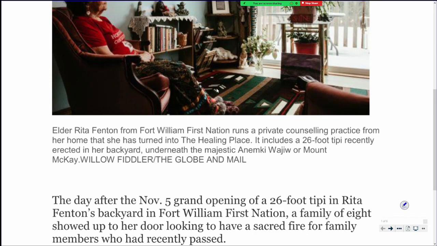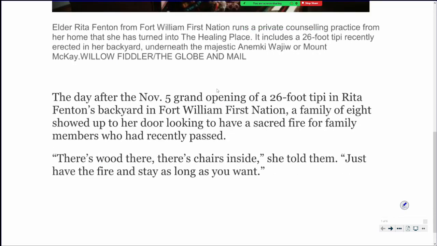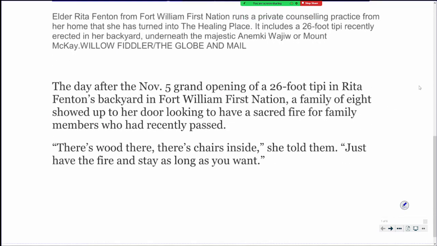Photo by Willow Fiddler in the Globe and Mail. So maybe we'll do what we did yesterday. This one's got very short paragraphs, but I'm just going to write them down as we go along.